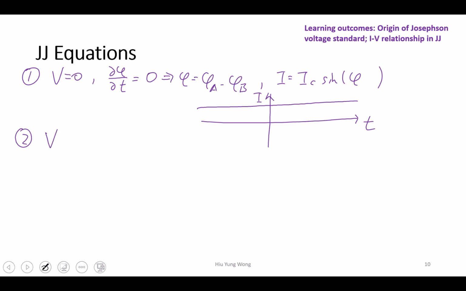But if V not equal to 0, then now we have V equals to, I deliberately put this d phi dt, so you start to embed this into your knowledge, which is just equals to the reduced magnetic flux quanta times d phi dt.